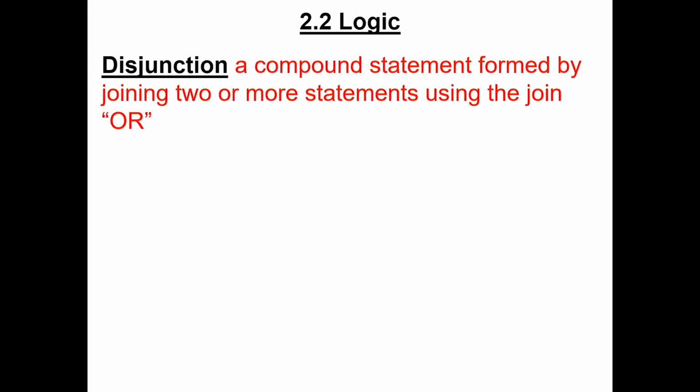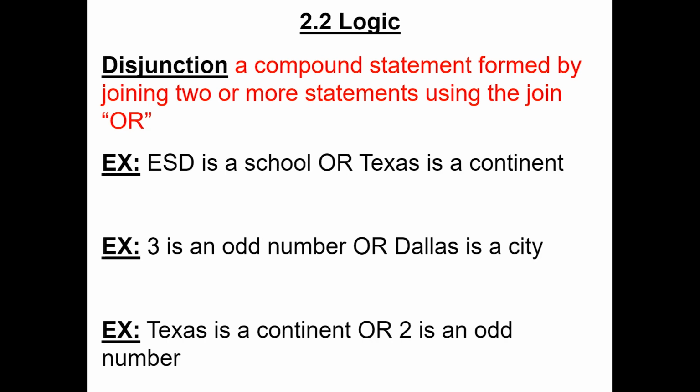Next we have disjunctions. This is a compound statement formed using the join or. So for example, EST is a school or Texas is a continent. Well, yeah, EST is a school. We know Texas isn't a continent, but this actually is going to be a true disjunction altogether. 3 is an odd number or Dallas is a city. Both of those are true, and this is going to be a true disjunction.